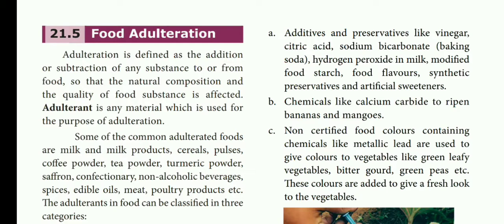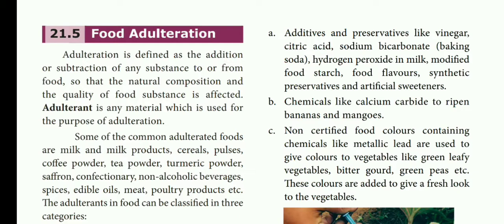So, an adulterant is any material which is used for the purpose of adulteration. That artificial colorant or artificial sweetener, the material which is added to give a high impact on that particular food item, is called an adulterant.